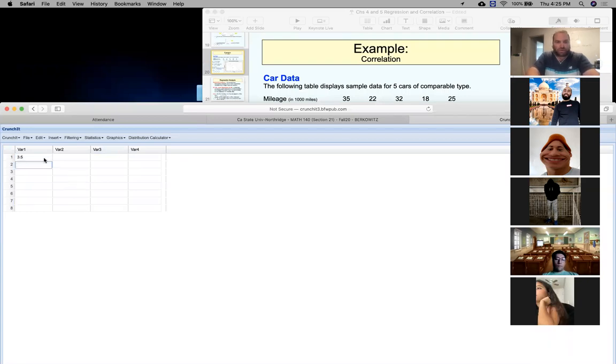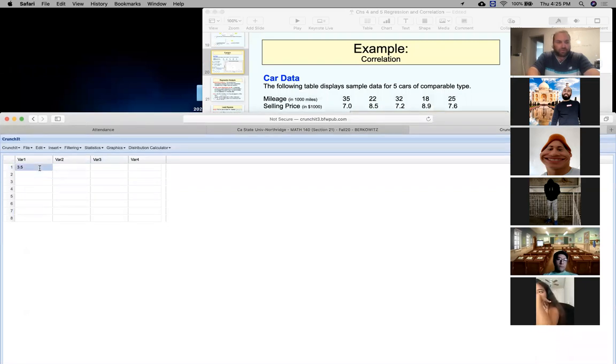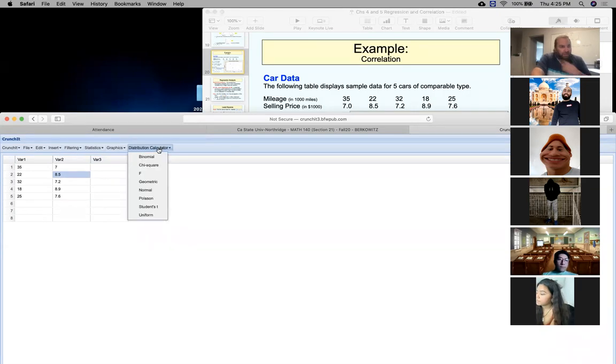All right, 35, 22, 32, 18, 25. And then we have 7, 8.5, 7.2, 8.9, 7.6. Right, so we have our 5 data points, correct?